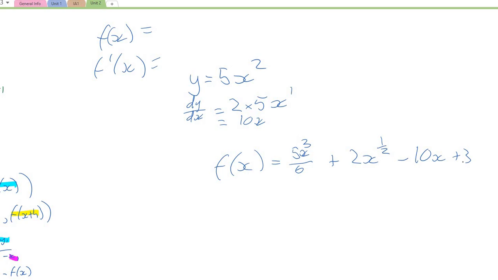So what's half of 10? Half of it. It's half of 2. Or in other words, you're dividing by 2.